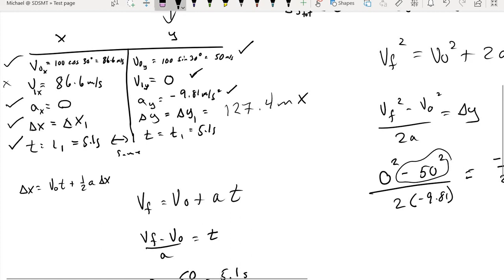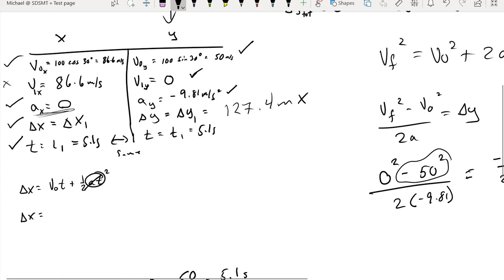And, whoops, not delta x, delta x is already there. We need a t squared. There we go. And now that we're working with the x direction, all of my information will come from this x column. We are already set up to solve for delta x, so we just need to plug in our numbers. Keep in mind the acceleration is 0, so that whole back term is just going to drop out.